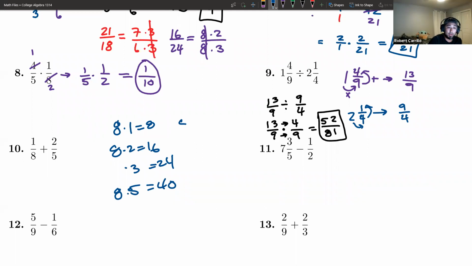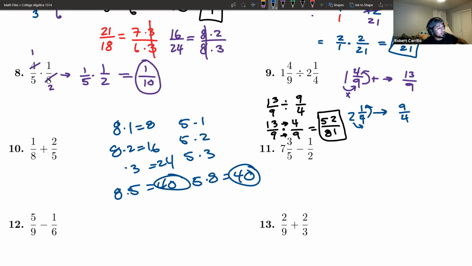You would do the same with 5. 5 times 1, 5 times 2, 5 times 3, until you got to 5 times 8 and you'd get a matching number of 40. Sometimes this is what you have to do if you don't understand how to get a least common multiple. And I recommend doing it if you are terrible at multiplication. It just gets you there much faster. So that is just something you'd have to do.